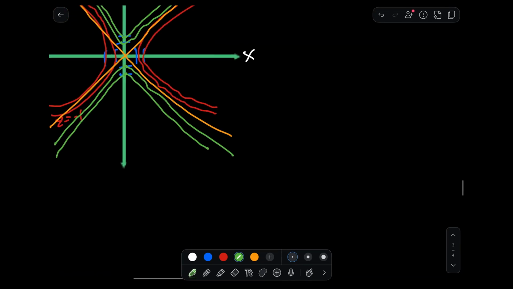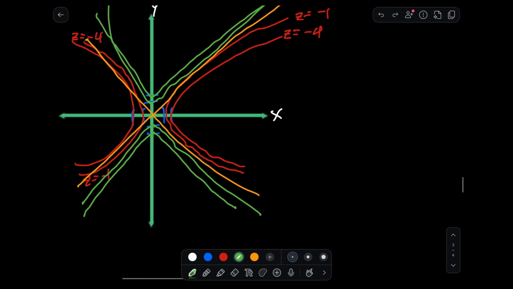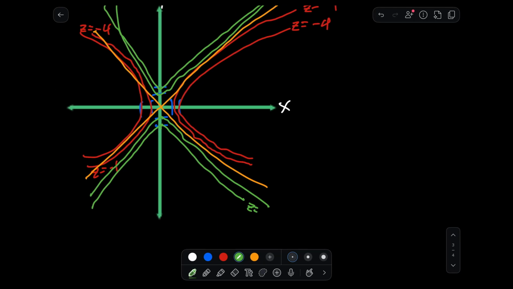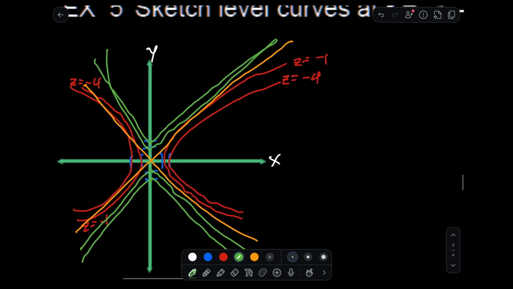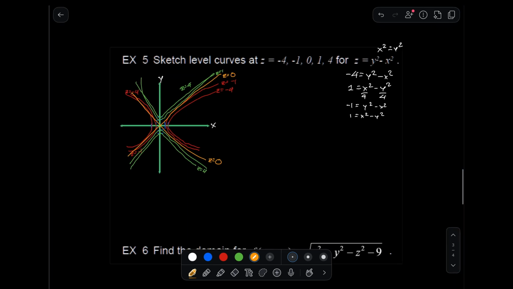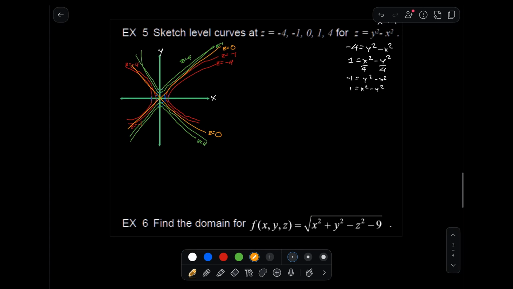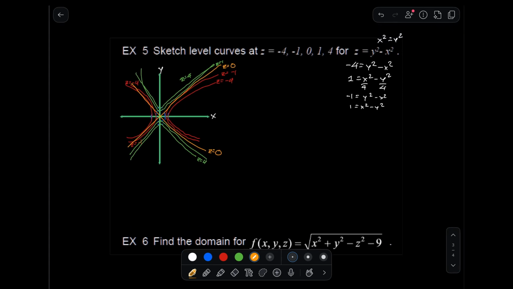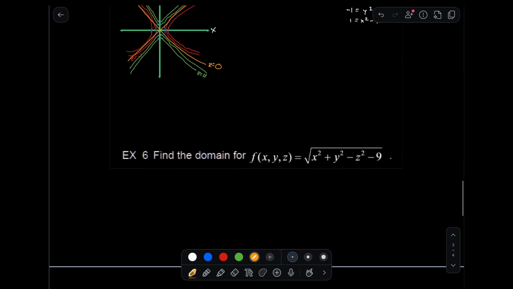And even though these are kind of poor drawings, it's supposed to be z equals 4, z equals 1, z equals 0, and so on and so forth. Ultimately this is the way to understand these types of problems. You always just sketch them out, and then you can see where it gets steeper and where it gets more narrow, right?